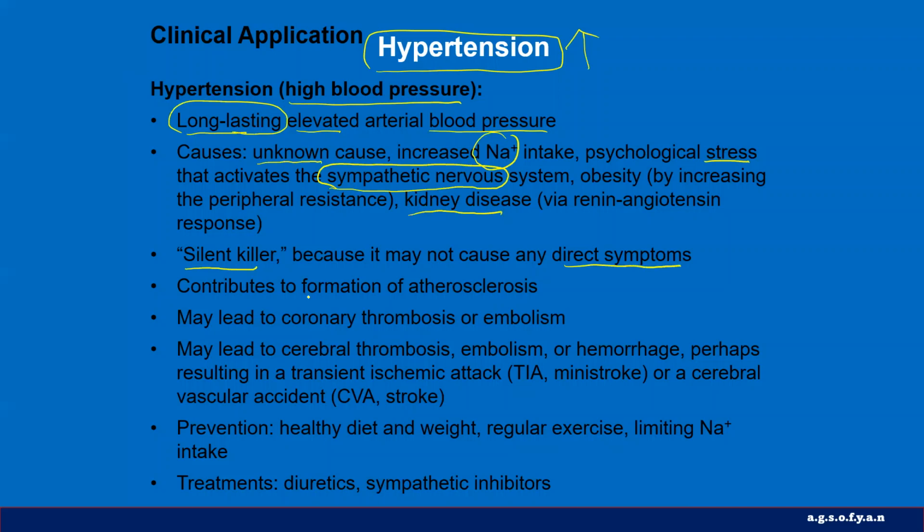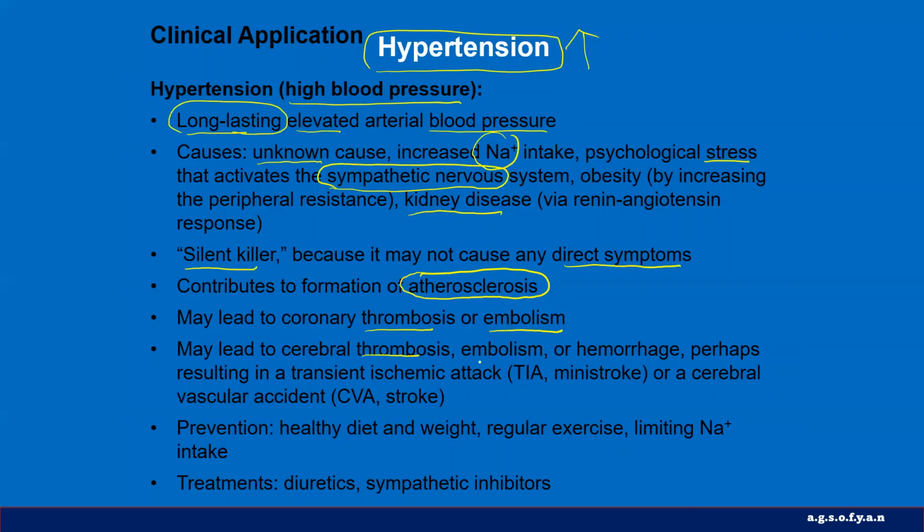It can also contribute to the formation of atherosclerosis, which is the build-up of lipids on the blood vessel wall, and it can lead to coronary thrombosis and embolism, okay, breakdown of the blood vessel.